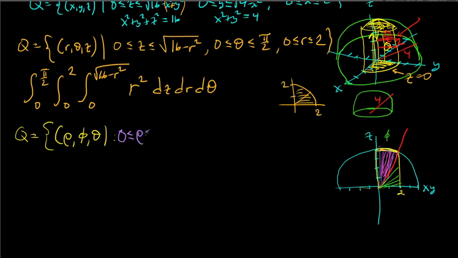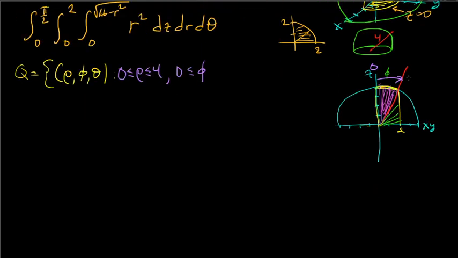Rho just goes from 0 to 4, although we know rho is always positive anyway. I'll put the 0 in there. Phi just goes from 0 to whatever the angle this is. So how do we find that angle? Let me try to draw it over here.